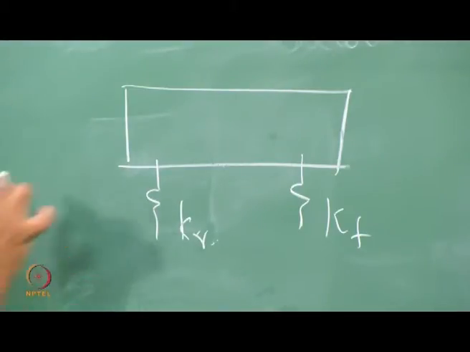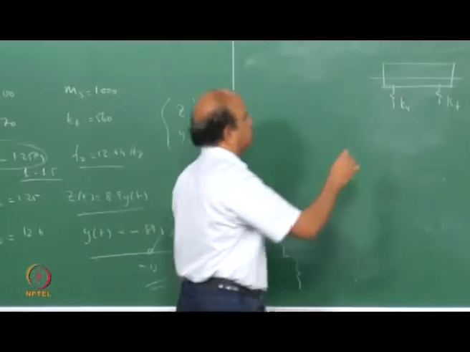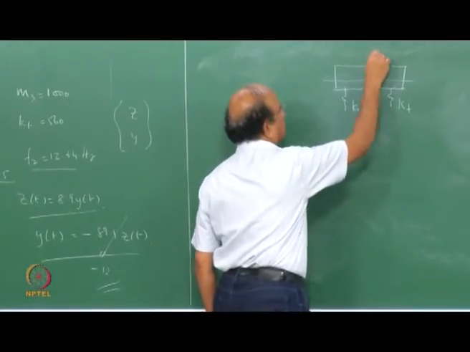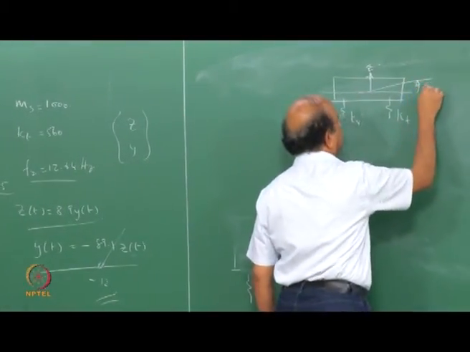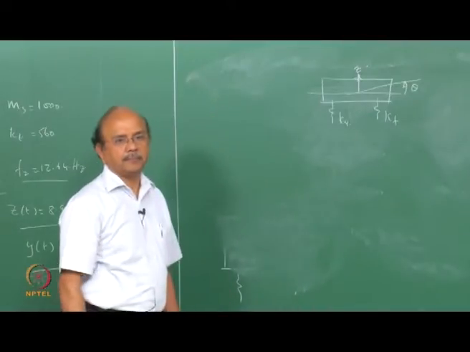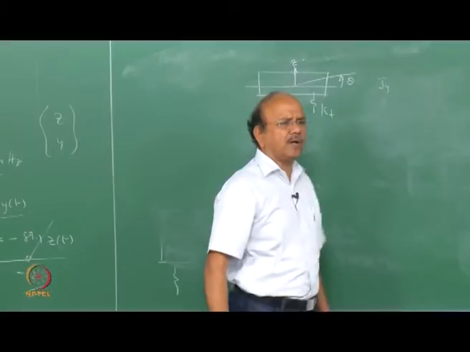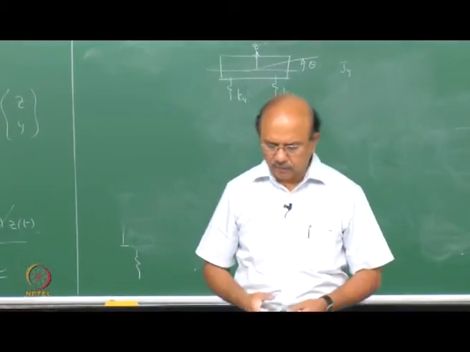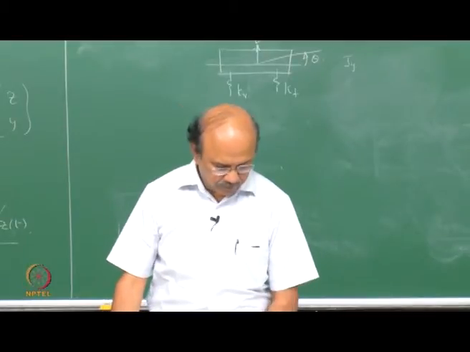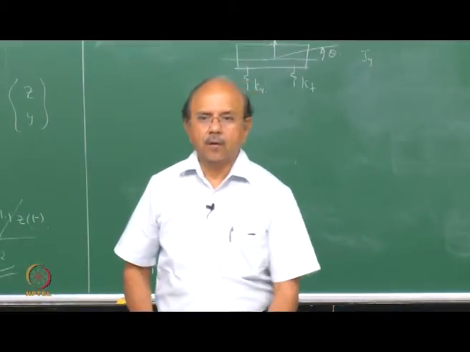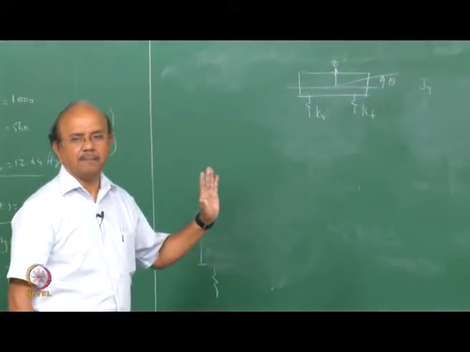Then just consider the displacement here as well as the theta, and call that JY. In other words, what I have essentially done is compress some of them and express this in a very straightforward fashion.